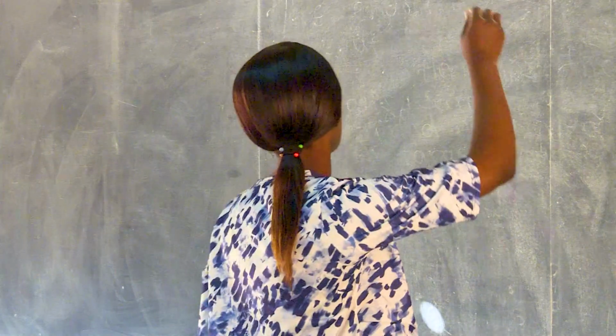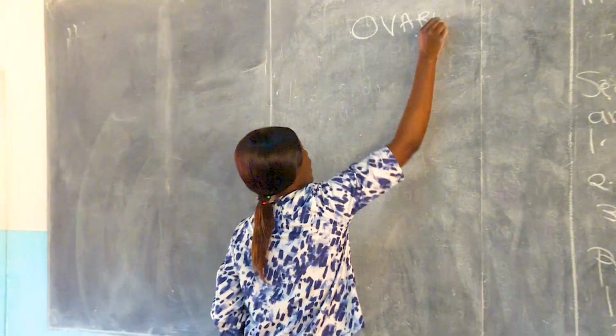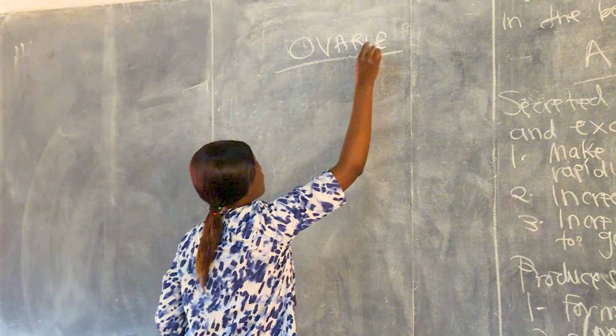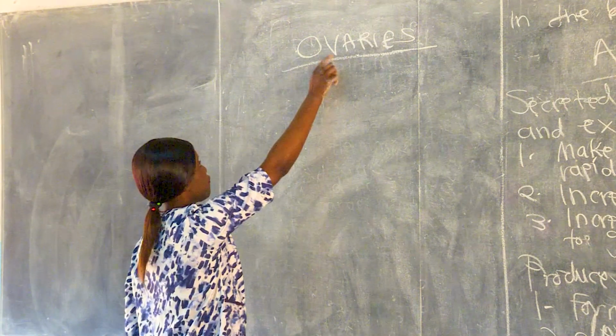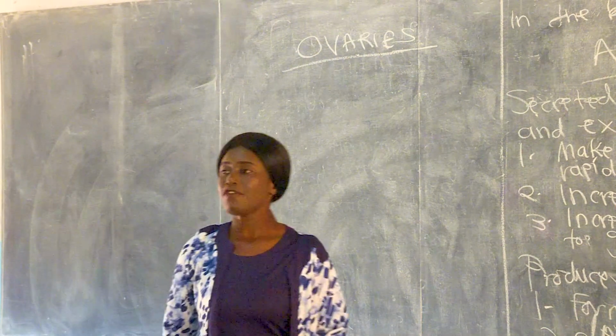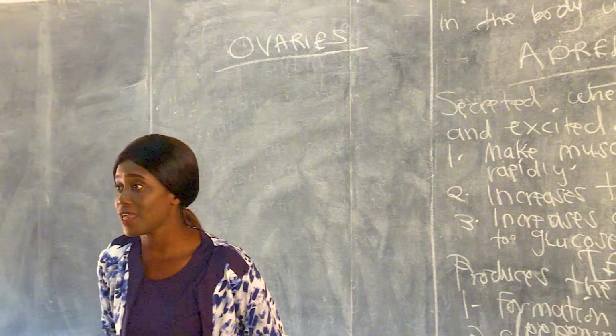We talk about the ovaries. As I write on the board, then you come up with answers. Okay, so we are going to look at the ovaries. You've seen the structure of the ovaries on the chart, right?